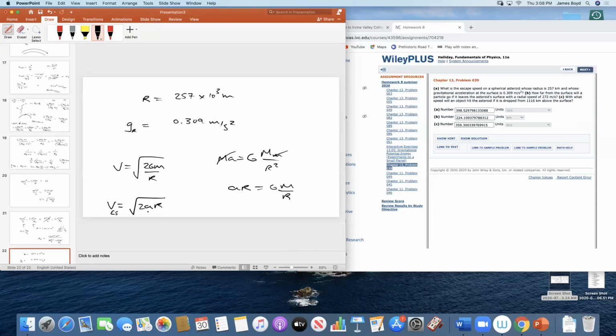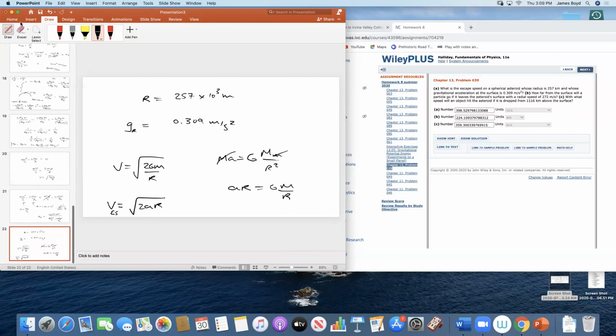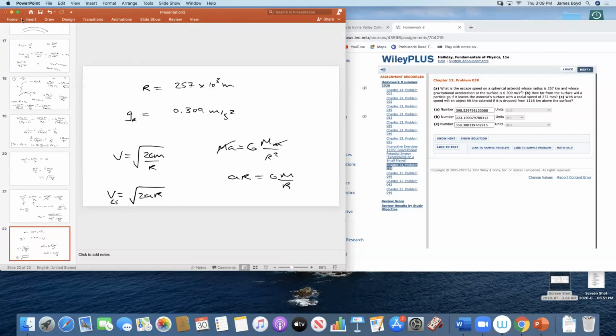That I can plug in: 2 times 0.309 times 257,000. Take the square root of your answer, and you get 398.5. Pretty cool. So now that you know that, the rest of this is pretty easy. That's one little tricky thing.